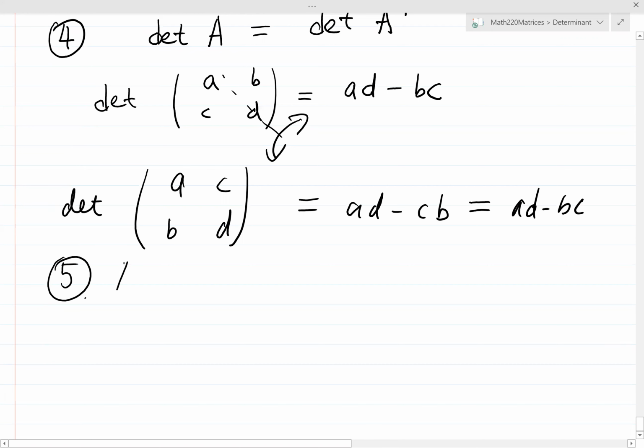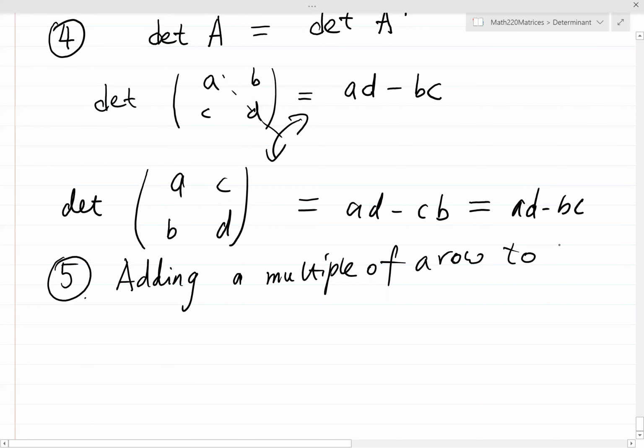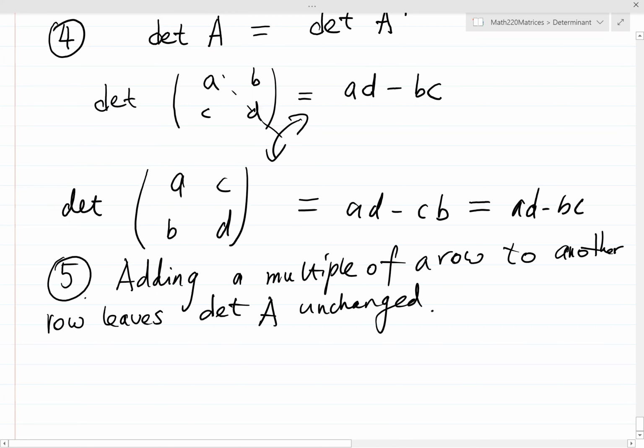So adding a multiple of a row to another row leaves the determinant of matrix A unchanged.